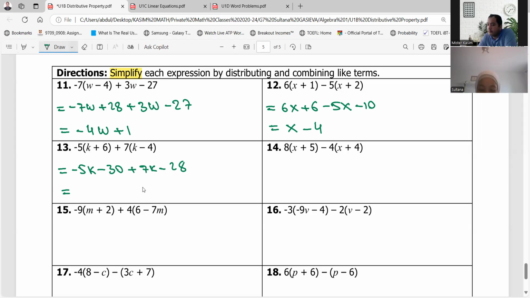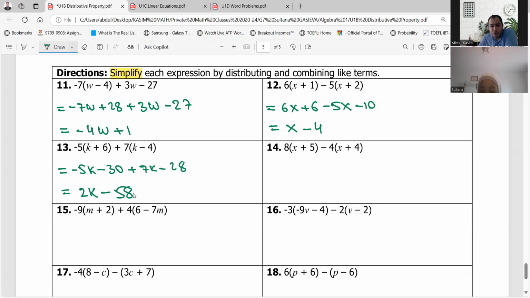And then negative 30 minus 28, right? Those are negative numbers. So what is it? Minus 58. That's it. What else?